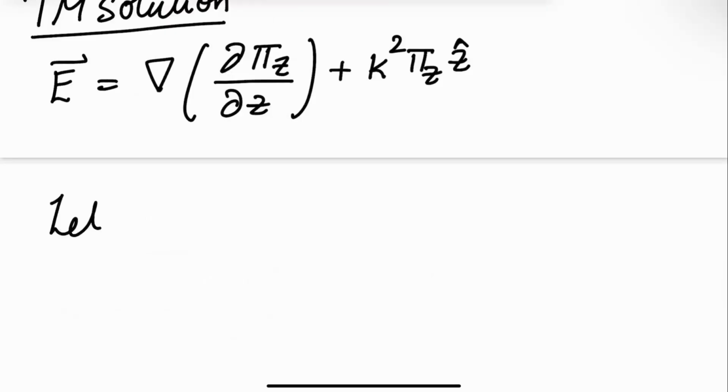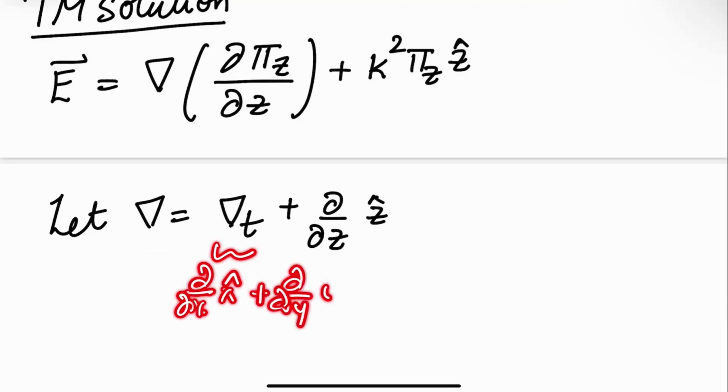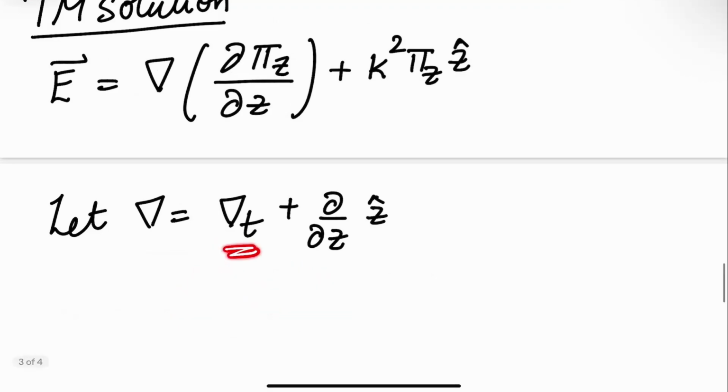Now we want to split this del, the Laplace operator, into a transverse part and a z component, where the transverse part, subscript t, is nothing but d over dx x hat plus d over dy y hat.